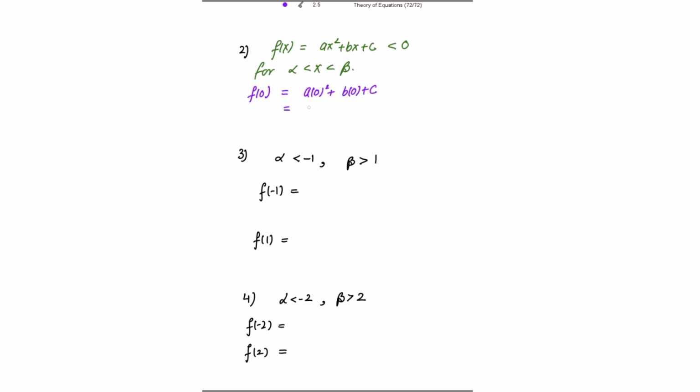That is equal to 0 plus 0 plus c, which is c. Because 0 is lying between alpha and beta, f of 0 that is equal to c is strictly negative, right? So we got that c is strictly negative. Is it okay? Alright.